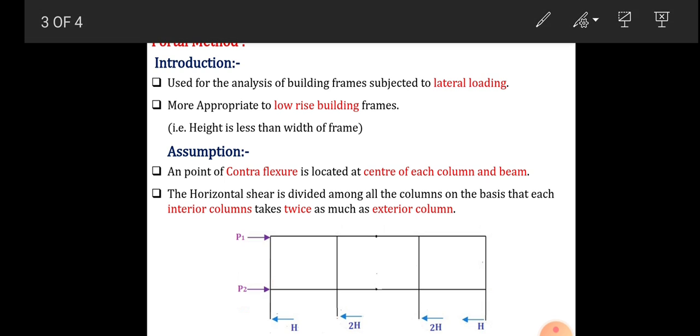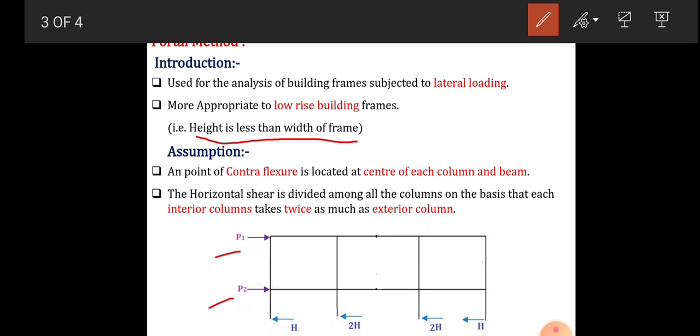In the figure you can see the lateral loads acting on the frame, and this method is more appropriate for low rise building frames. That means the height of the structure is less than the width of the frame.